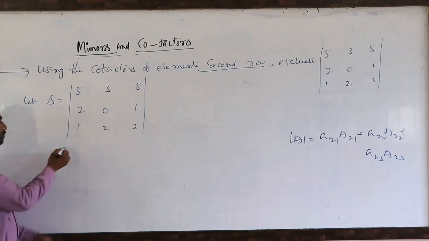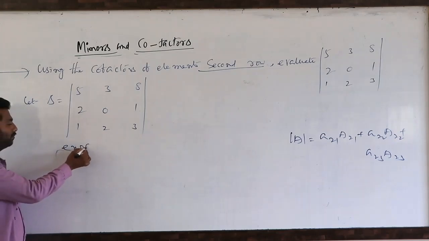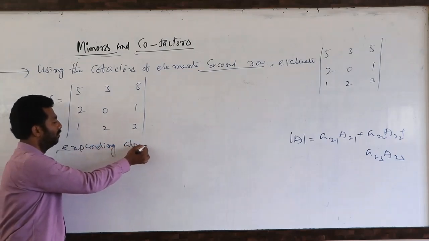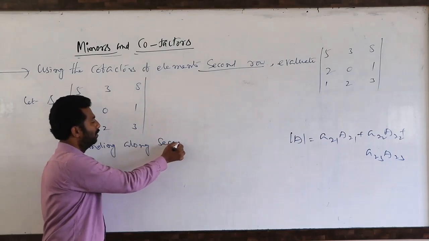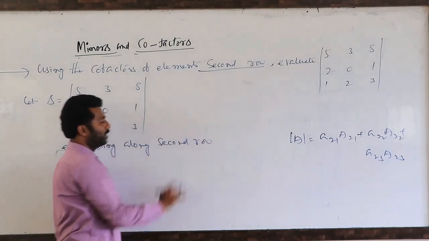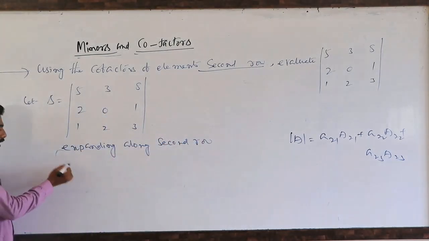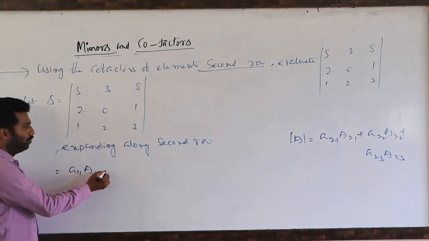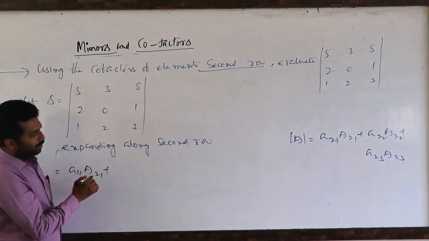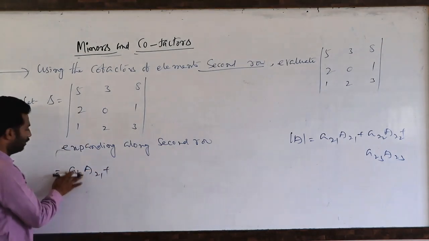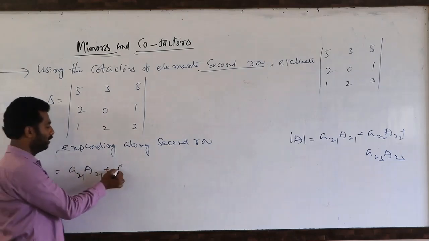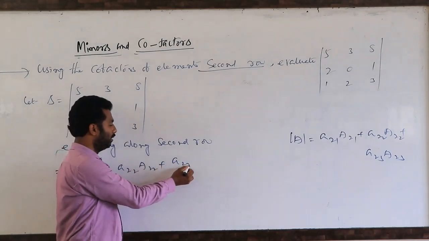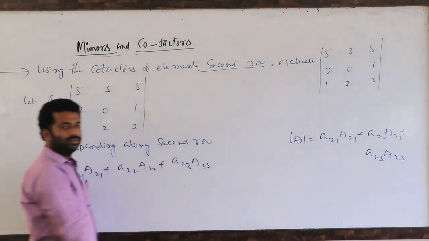Expanding along the second row means a21 times capital A21, plus a22 times capital A22, plus a23 times capital A23.